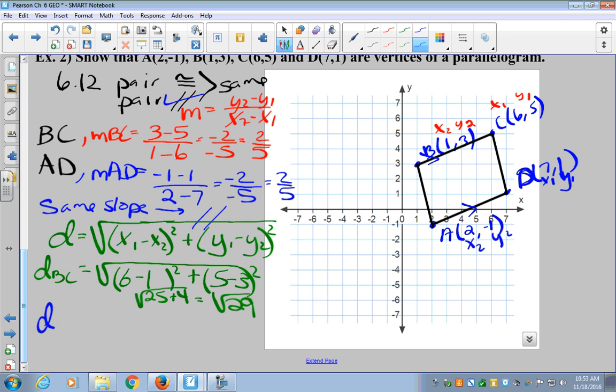Okay. So the distance of AD, we're going to find in the same way.